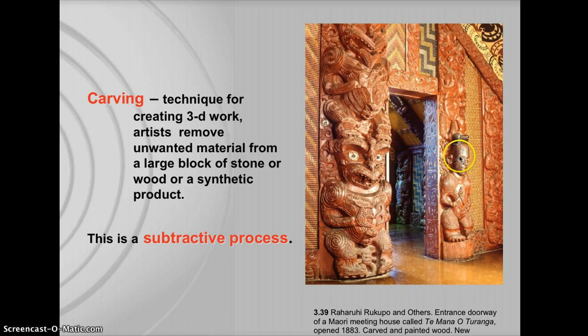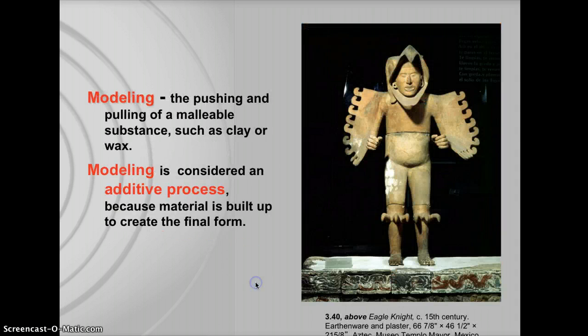Again, high relief sculpture. Carving is a subtractive process. You can carve away with your fingers, you can carve away with certain chisels and sharp-edged carving tools. It just depends on the materials that you're using. Modeling is when you're working with the material in your hands, pushing, pulling, pressing, and it's additive, you might be adding more clay to what you have in order to build up the form and get the shapes that you desire.